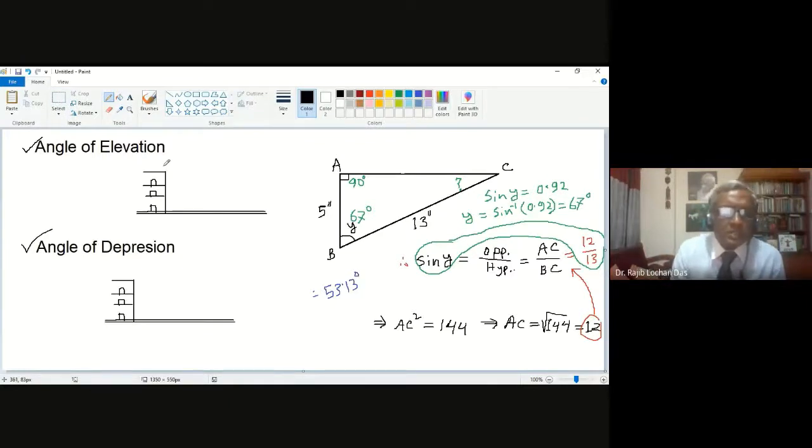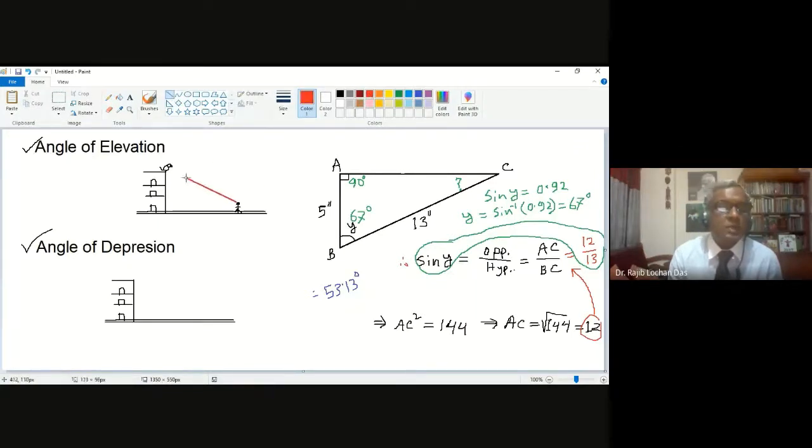Say there is a bird at the top of the building. So somebody is watching that bird in a particular direction, like in this way.